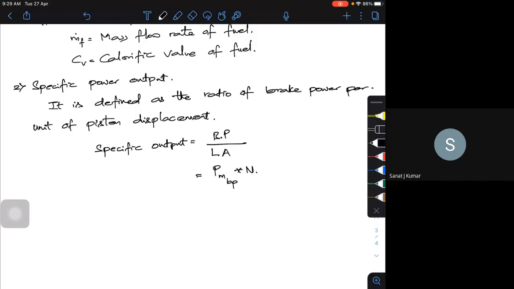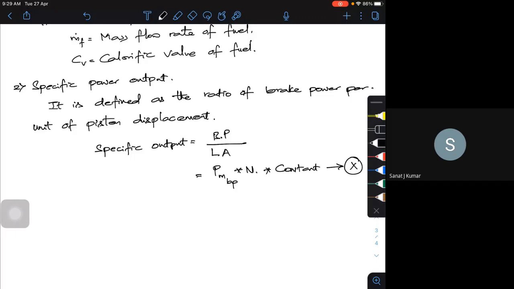This is a rarely used formula, but specific output is given by brake power divided by the piston displacement. So what is the use of it actually?